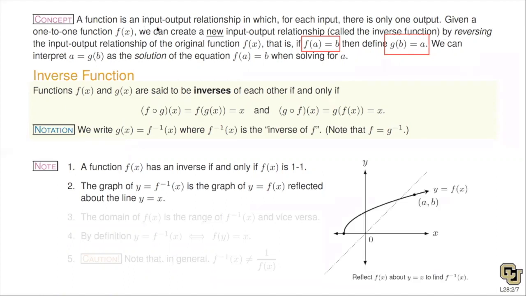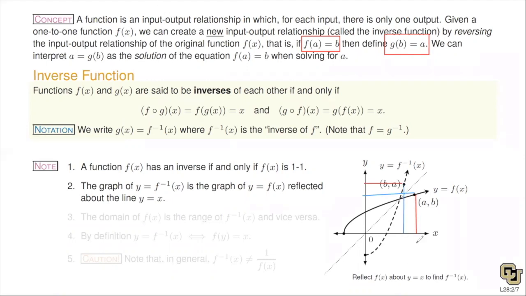So here, if this point is a comma b, I go out on the x-axis, that's the distance of a. On the y-axis here, this is the height of b. Literally, we're going to reverse that. Now, on the y-axis, this is a height of a, and on the x-axis, this has gone out a distance of b.